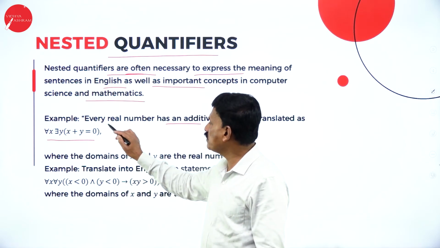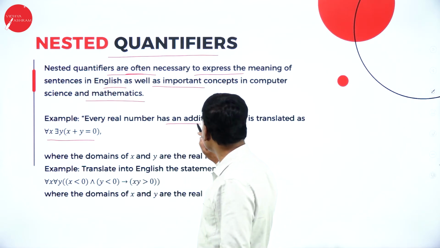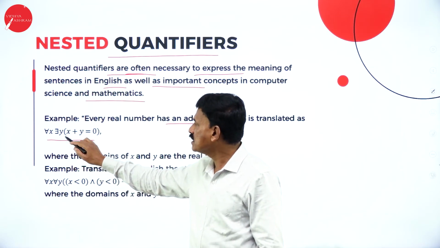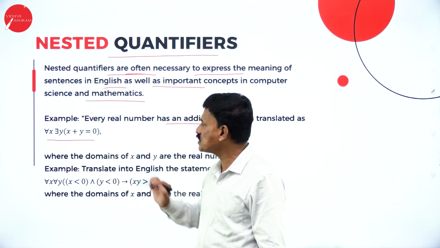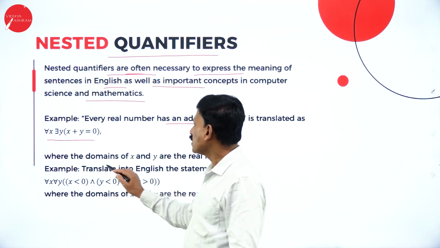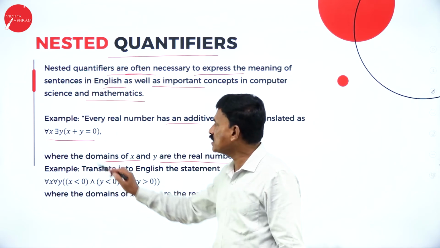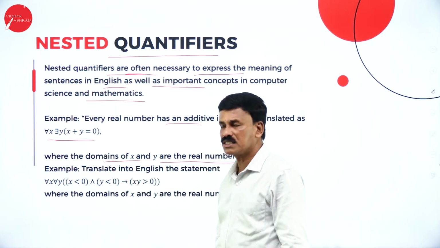Here, what is the statement we have given? Every real number has an additive inverse is translated as for all x there exists y such that x plus y is equal to 0, where the domain of x and y are the real numbers, right.